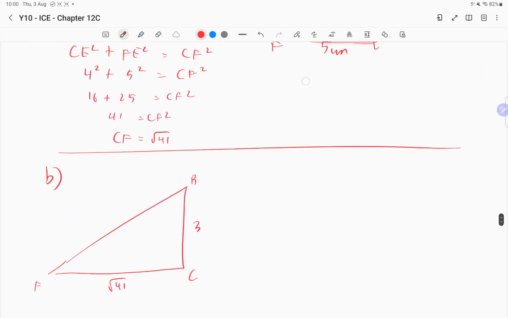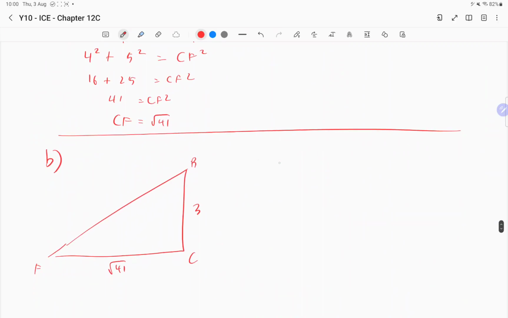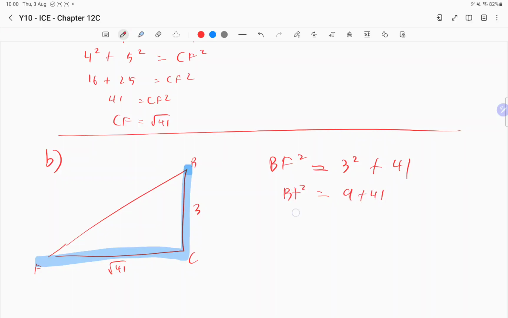So we can find BF using, once again, Pythagoras theorem. I'll have BF squared, which is the hypotenuse squared, equal to the sum of the squares of the two shorter sides. So that'll be 3 squared plus the square root of 41 squared, which is just 41. So BF squared would be 9 plus 41, which is 50, so BF is the square root of 50.